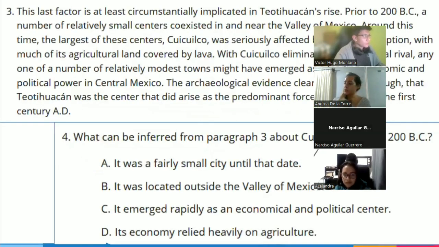Let's take a look at this question. Alejandra, could you please read the question? What can be inferred from paragraph 3 about Cuicuilco prior to 200 BC? Okay. So we'll do the same.